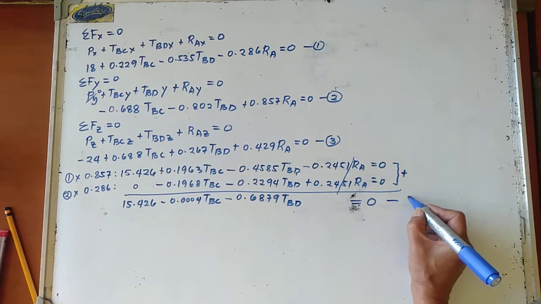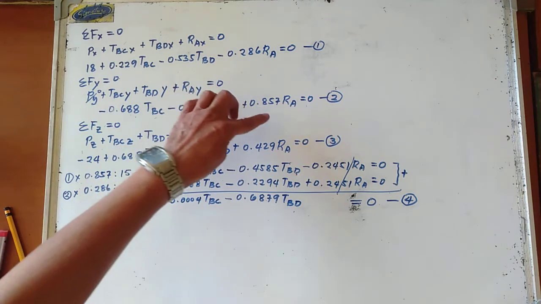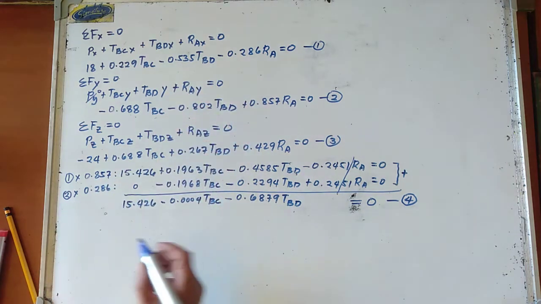I'll consider this one as equation 4. Okay, so again, let us try to eliminate RA using 2 and 3.